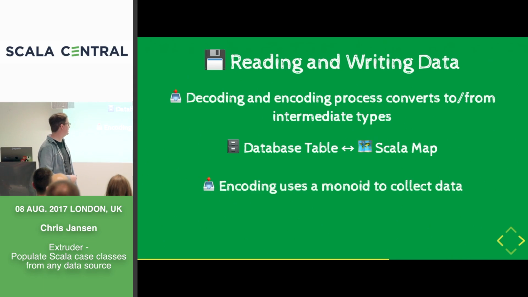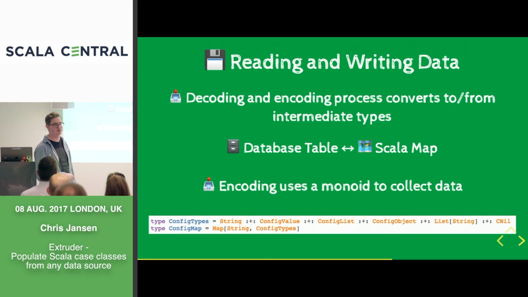Encoding uses a monoid to collect all the data. You need an instance of a monoid to do the collection, i.e. the summation of everything. If that was a map, you'd have a monoid instance for a map and it would collect everything up. Then that gets flushed out either to a database table or whatever your final type is.